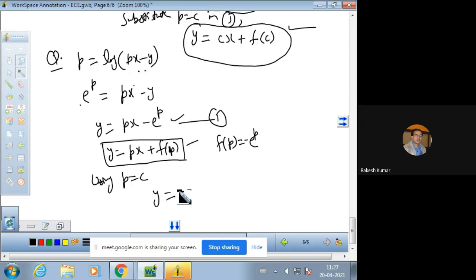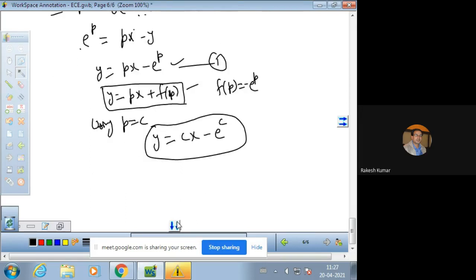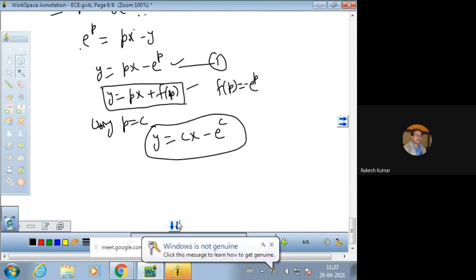So you will have solution y is equal to cx minus e raised to power c. So this is your required solution of a given differential equation. So in Clairaut's form, you can simply convert any equation into Clairaut form and find its solution, and directly substitute p is equal to c.